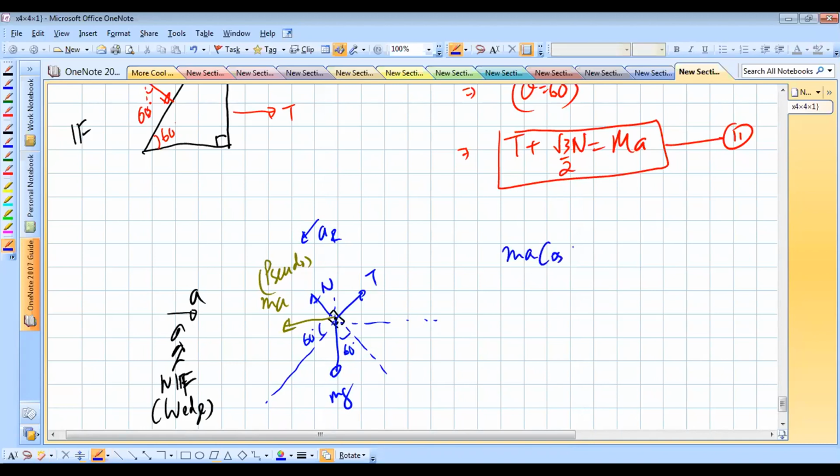MA cos 60 plus MV sine 60 minus P. That MA by 2 plus P by 2 MV minus T is equal to M.